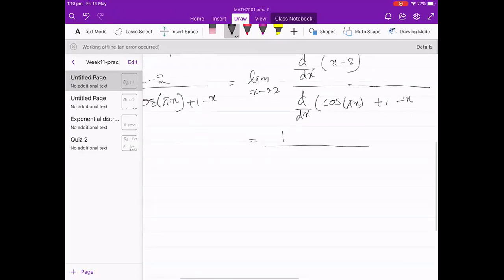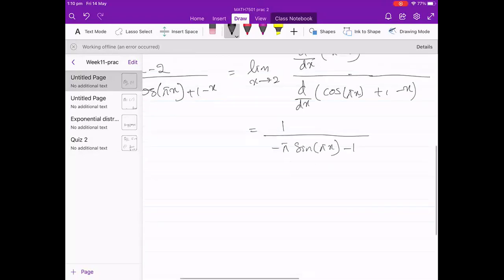Thanks, Shepherd. Derivative of the denominator? What's the derivative of cos? Yeah, it's minus pi sine pi x minus 1.